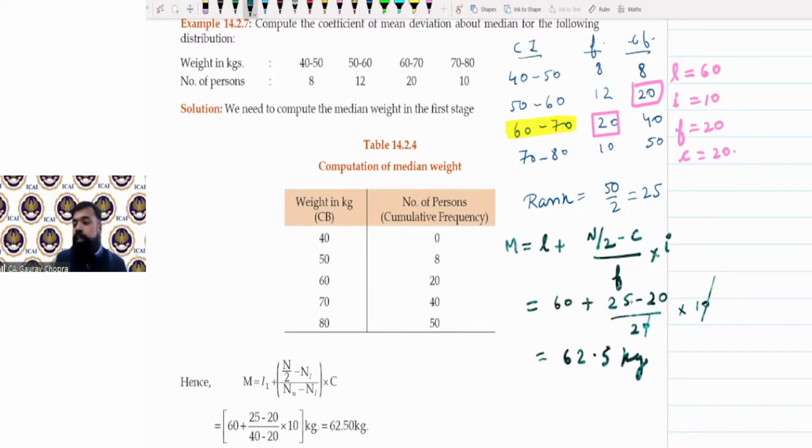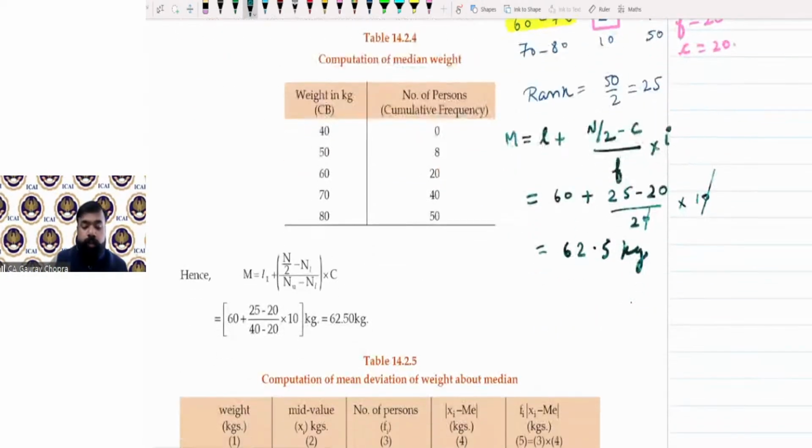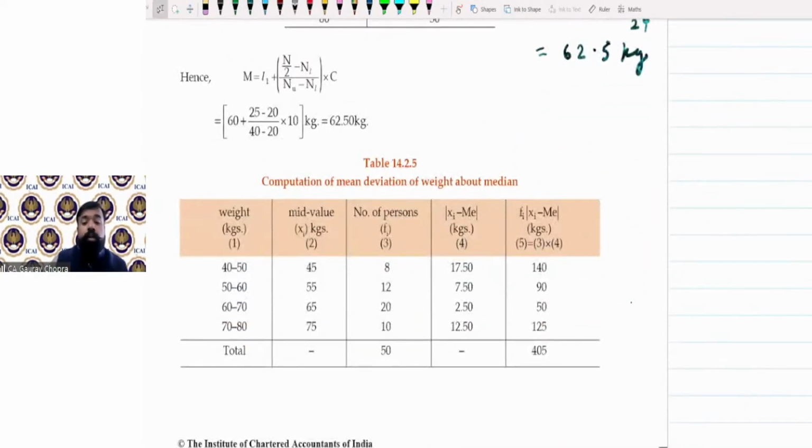Now the next step is to take the deviation from median. So for taking the deviation, we require x. So therefore, we will find the mid value here. So mid value is computed. So 40 to 50, mid value will be 45, then 55, 65, and 75.